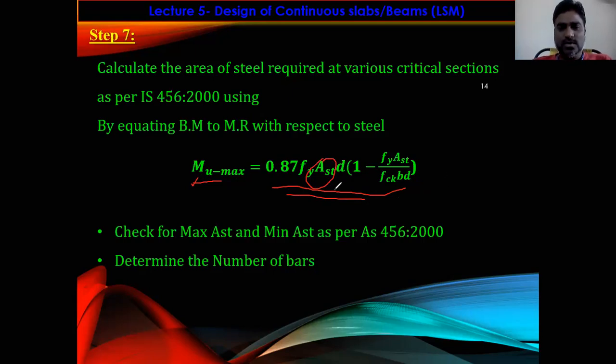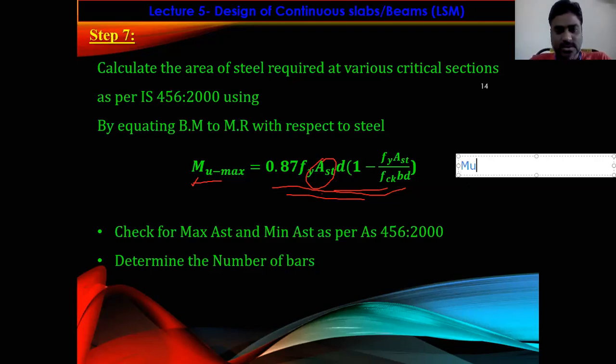So how did this formula come? Don't confuse it. This is just derived from the main formula, that is the bending moment Mu is equal to what? The tension force, 0.87 fy Ast, into d minus 0.42 Xu.